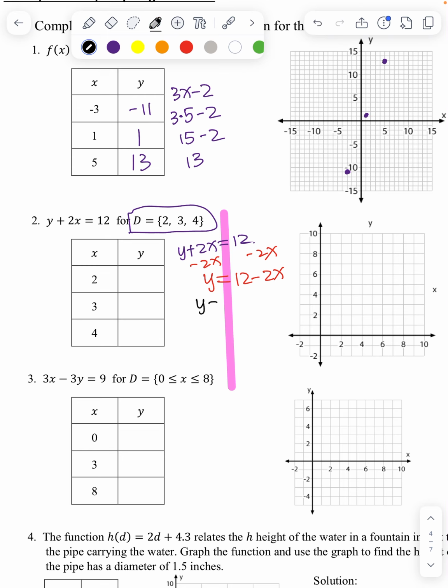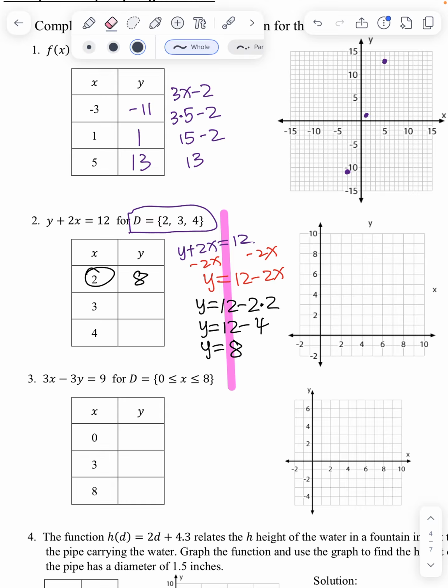y equals 12 minus 2 times 2. 2 times 2 is 4, so that's 12 minus 4. So y equals 8.